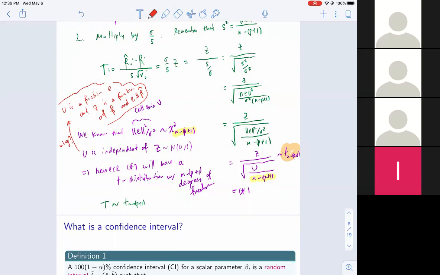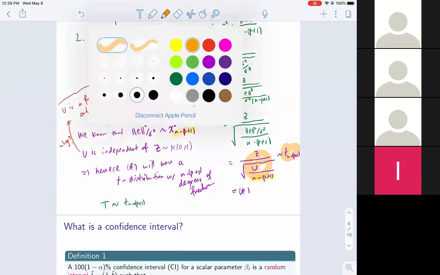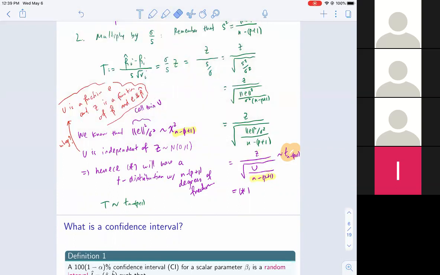Okay. And so because they're independent, this is the construction, the definition of a t random variable. So this random variable t that we have constructed has a t distribution with n minus p plus 1 degrees of freedom. So that was what we did last time. Any questions about this?